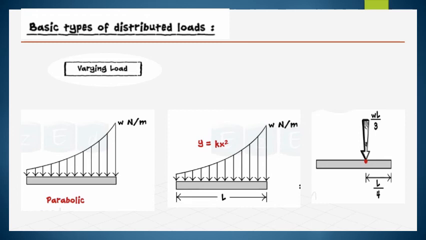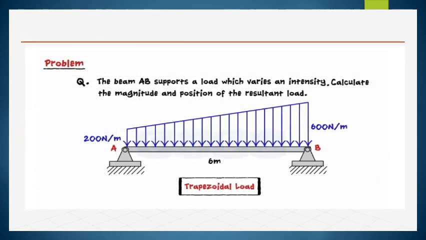So these are the various types of the distributed loads. Now, how to calculate the total intensity of a trapezoidal loading, just as an example. See here, the intensity at one end is 200, that is W1, and at the other end is 600 Newton per meter.